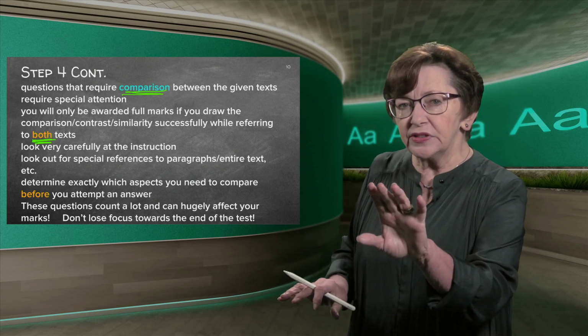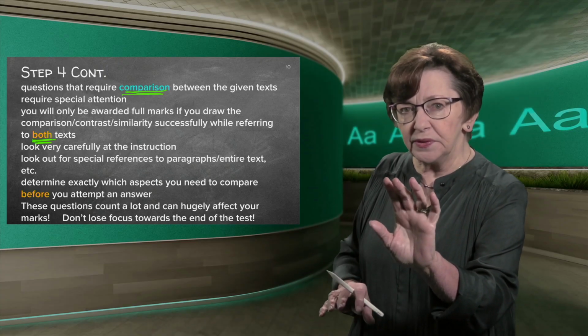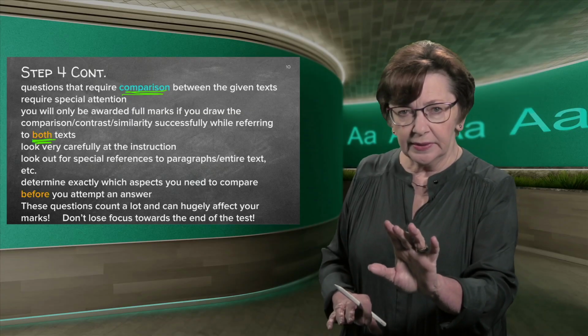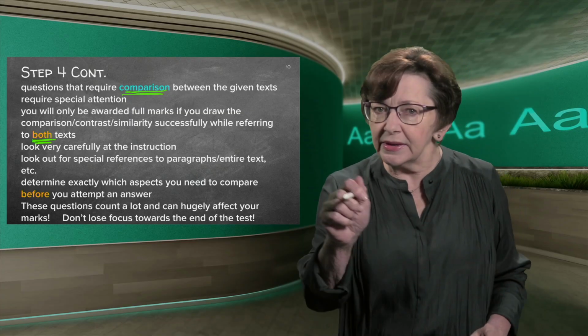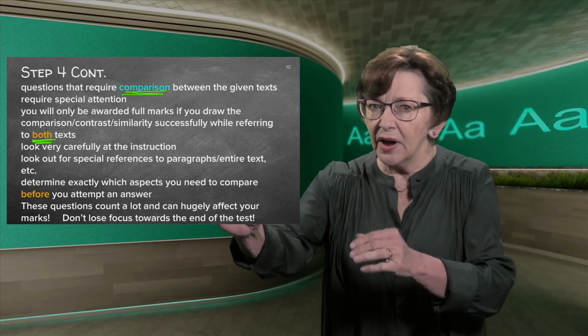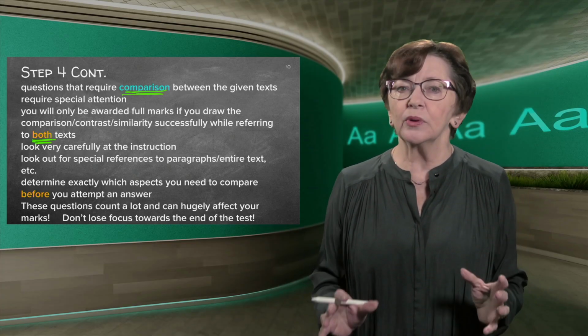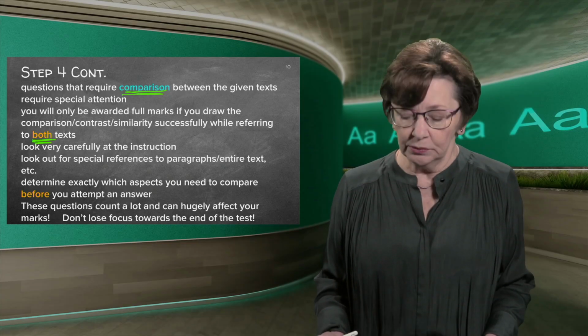If it's contrast, then you must give that, and the contrast must be very clear, right? And you must refer in text A, in paragraph 9 of text A, and then in text B, in your answer. Otherwise, you're not going to get the full mark.